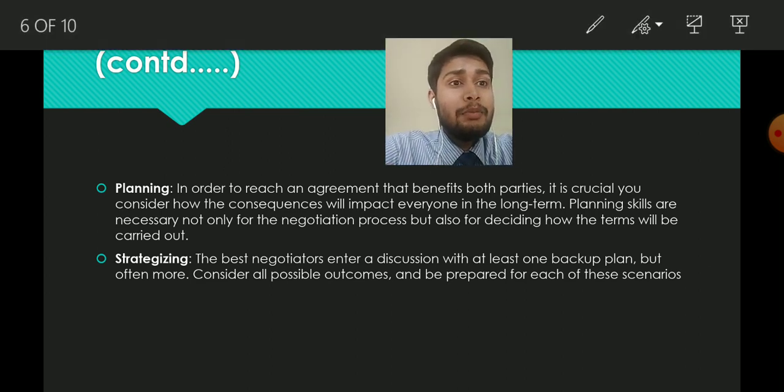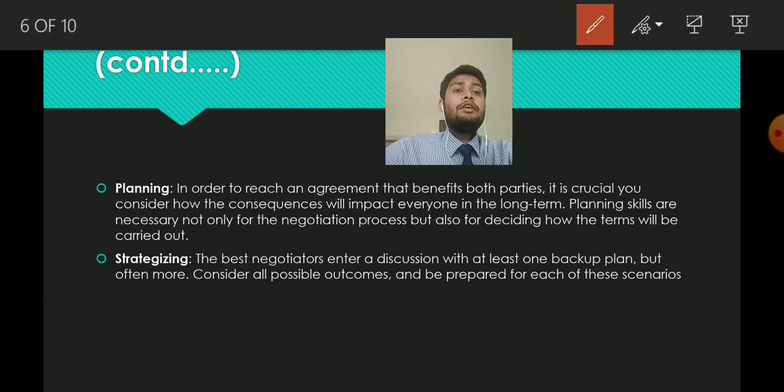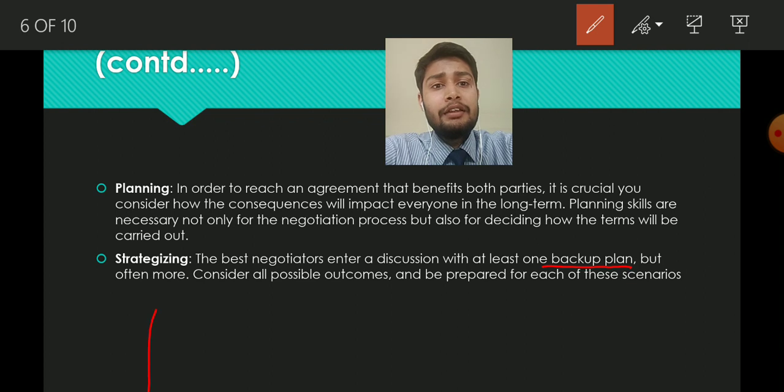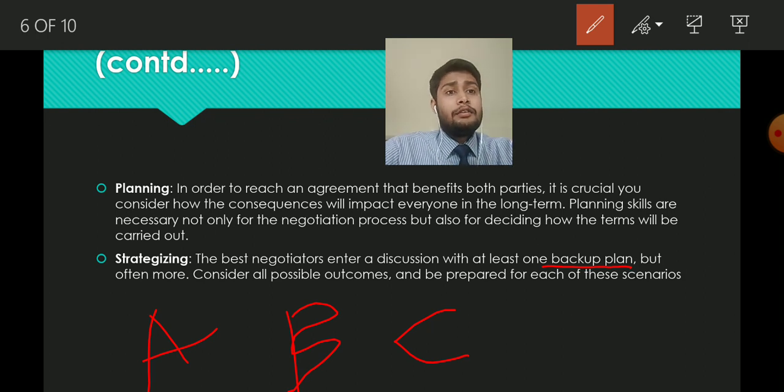Now strategizing. Strategizing is all about backup plans. A backup plan is what you make to ensure what happens if option A doesn't happen. There are options A, B, C. The other party might say that they will go for option A, and you don't agree because there are some terms you don't agree with.